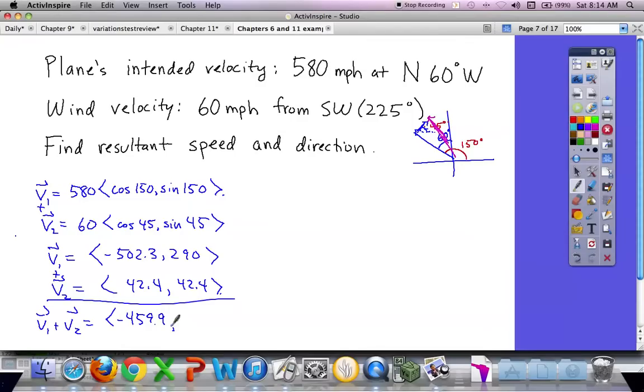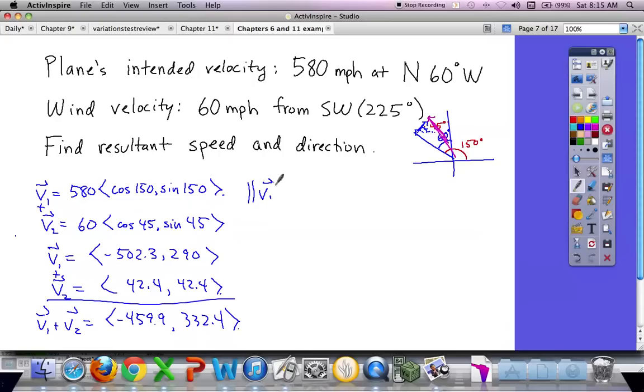And 290 plus 42.4, 332.4. Okay, so that should be some direction to the left in the X and up in the Y. It looks generally okay.